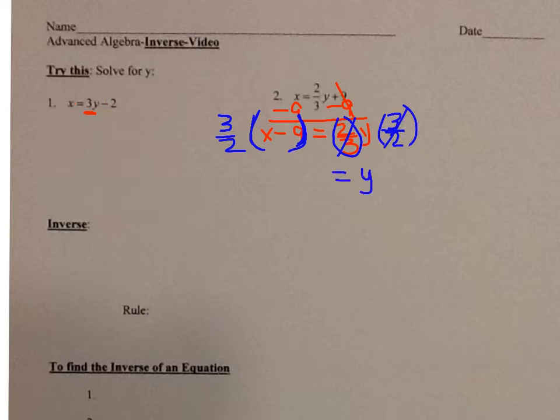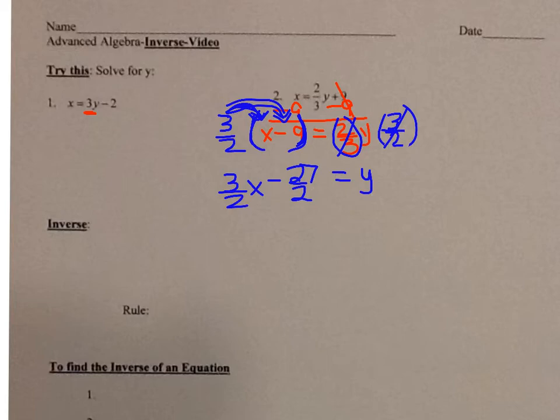And then I have to make sure that I distribute the 3/2 to inside the parentheses. So 3/2 times x is 3/2 x. 3/2 times negative 9, you can use your calculator, is negative 27/2. Okay, so that's it for that one.